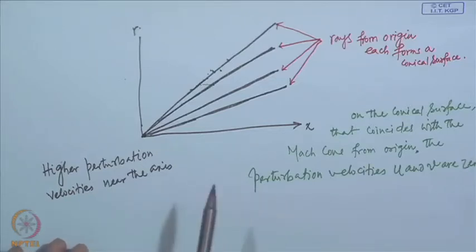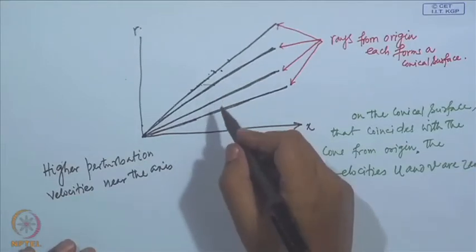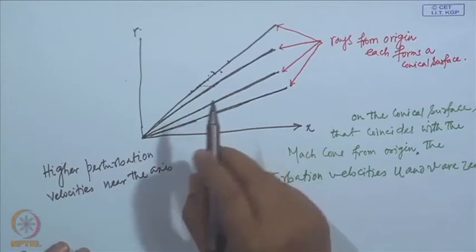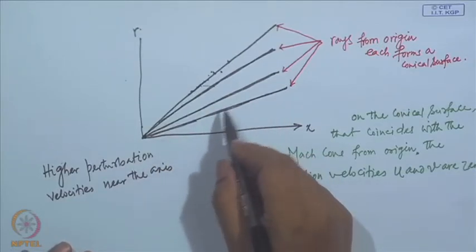We will also be able to see that the direction of the perturbation velocity, or the velocity direction, changes from one ray to the other.